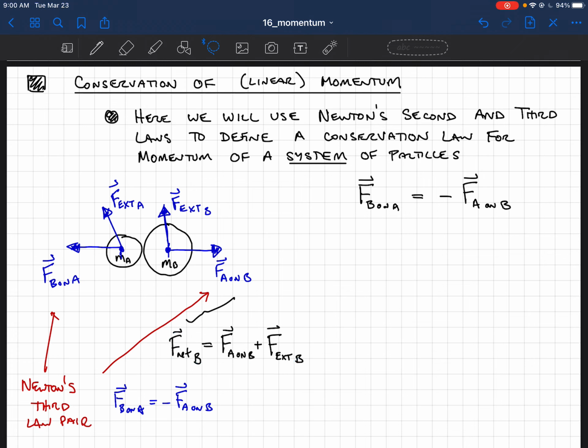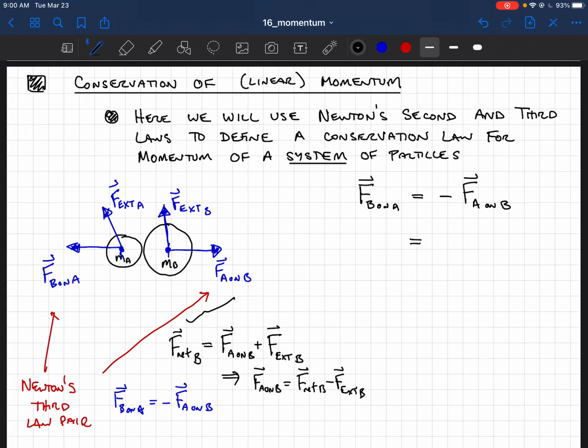Well, now I can plug that expression in to my starting point up here. So I guess I need to solve for it first. So this means that FA on B is equal to F net B minus F external B here. Okay?